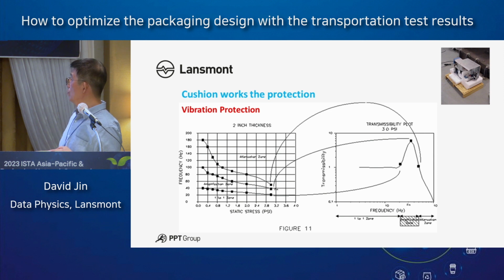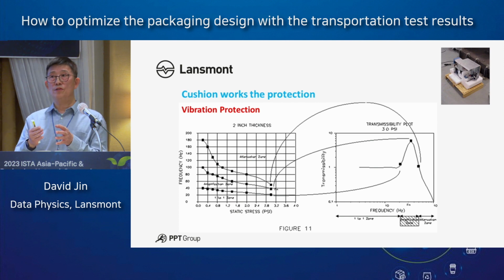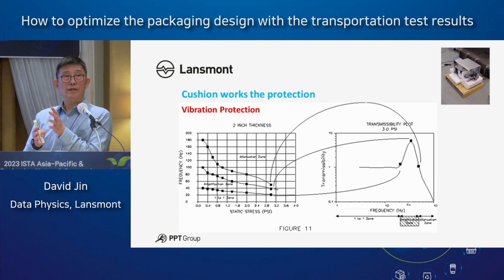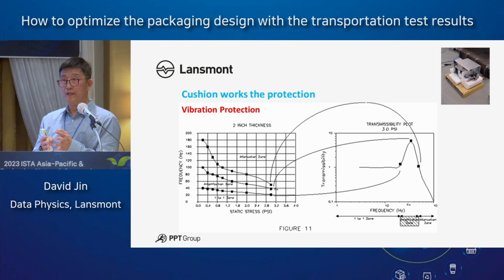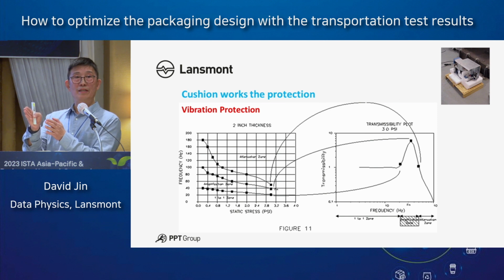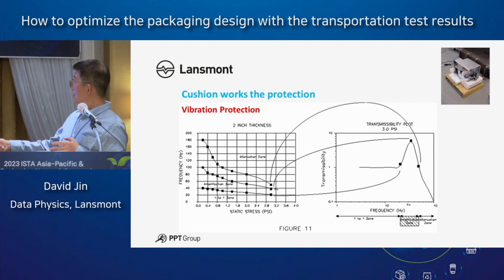So if the 1 to 1 zone, which means if the frequency is not being amplified, if you input 1G, they will react 1G. It's okay. This zone, we call it the 1 to 1 zone.